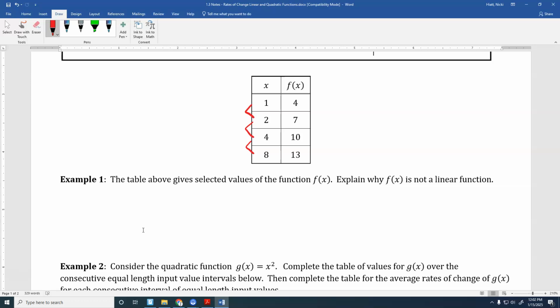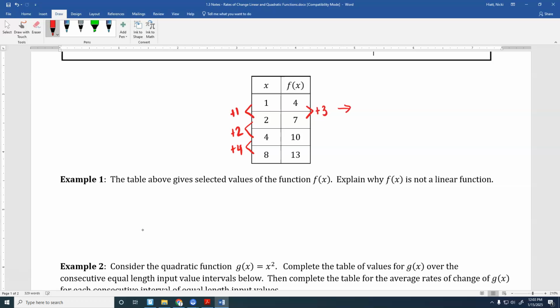I go from 1 to 2, that only goes up 1. But from 2 to 4, that goes up 2. And then from 4 to 8, that goes up 4. Now, that's okay. You could still have a linear function with that happening, but it depends on what the y values do. So my y values, or my f of x values over here, from 4 to 7, I go up 3.